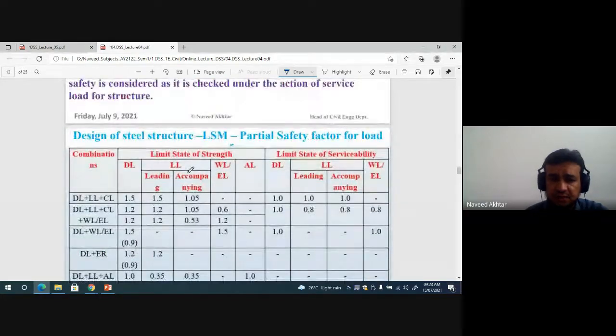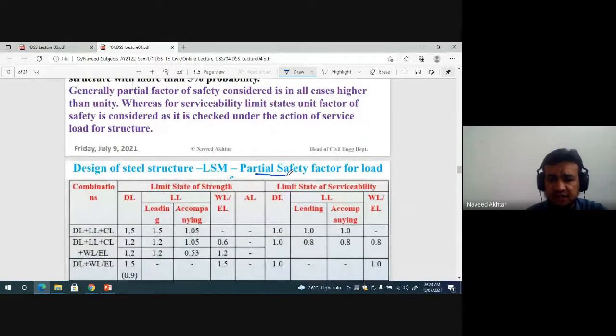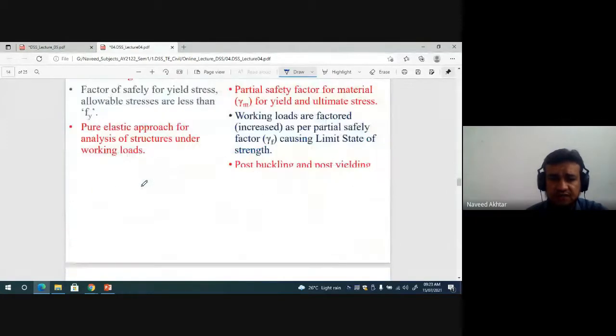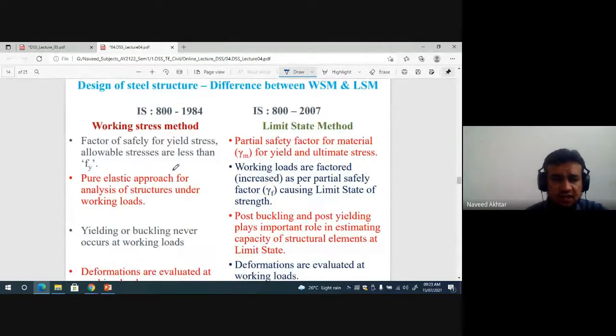That's why in the limit state method there are two factors of safety: the partial safety factor for load and the partial safety factor for the material. Okay, there are some differences between the working stress method and the limit state method. Mostly it is asked in the examination.